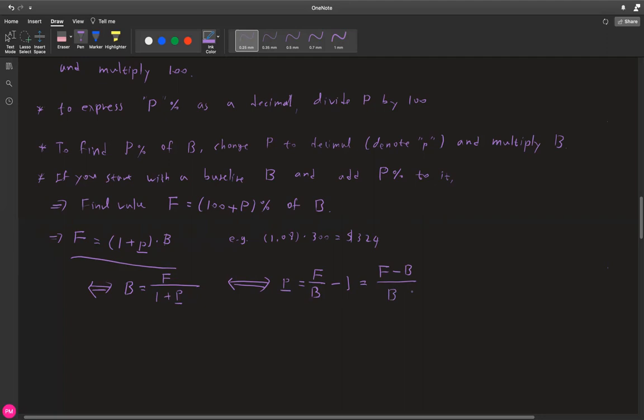And you can see that this is what we used to find the growth rate before. We just had a different notation. We had y, x, and x, but it's exactly the same thing. Does that make sense?